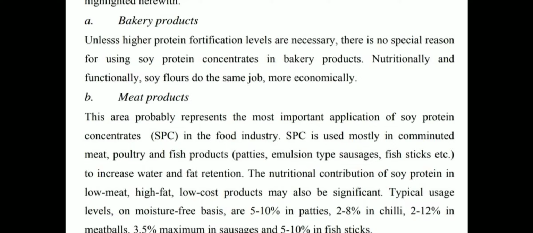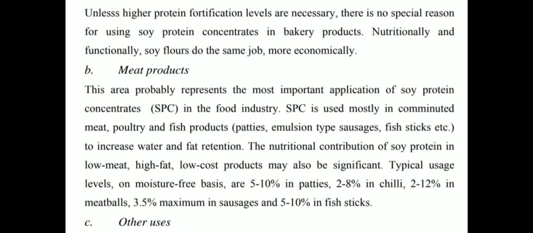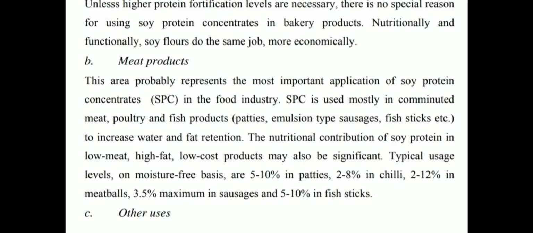Now, meat products. This is a substantially important application of soy protein concentrates. It is used in processed products like sausage, patty, and fish steaks to increase water and fat retention in the processed product.